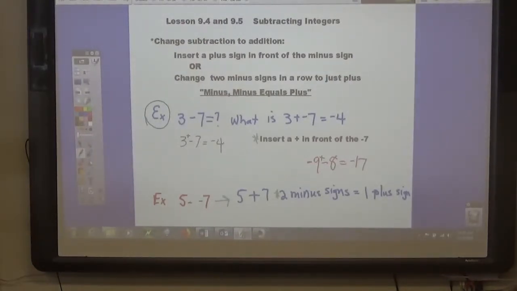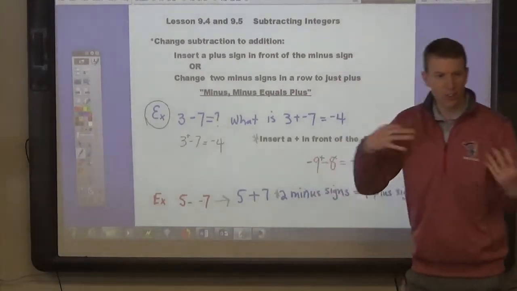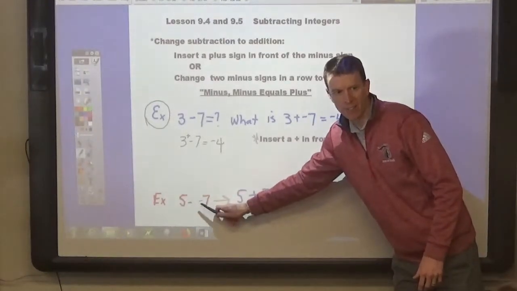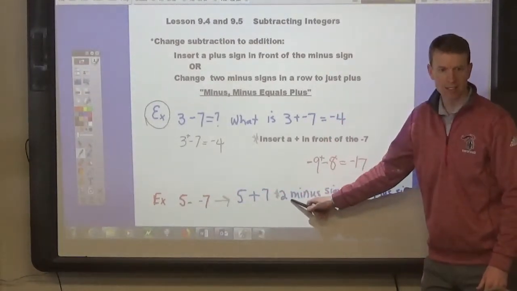In other words, if I say I don't not like math, that's a double negative, and it means they cancel each other out. So I do like math. I don't not like math. Okay? I do like math. This is 5 minus negative 7, and so it's really 5 plus 7.